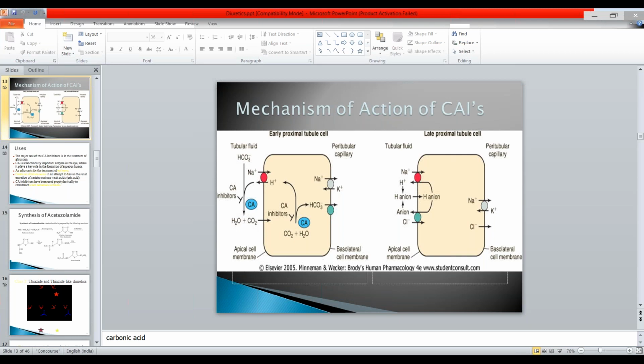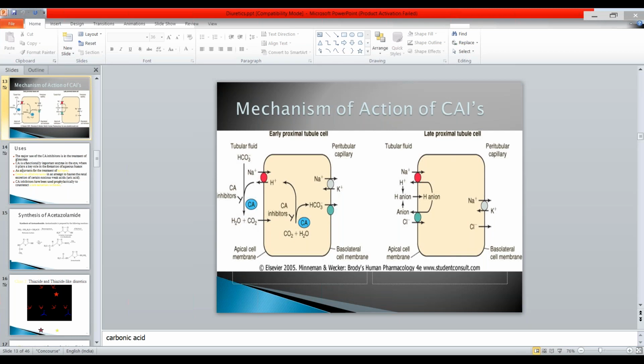And at site 4, what is seen is when the reabsorption of sodium is done on a very large scale at site 4, simultaneously there is loss of potassium ions. So that means sodium is coming in and potassium is going out of the cell. And in this process, the CA inhibitors cause loss of sodium, because at the first site sodium has not been reabsorbed. So there is natriuretic activity.